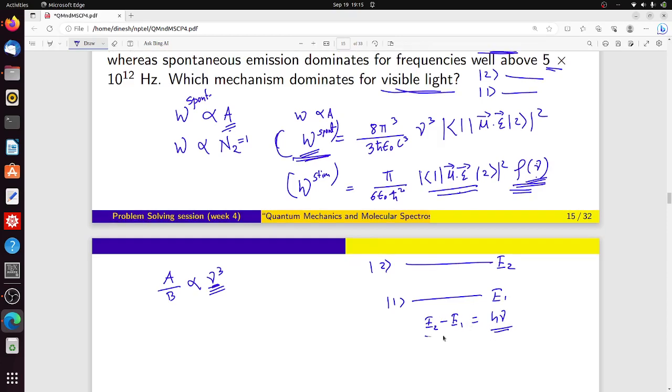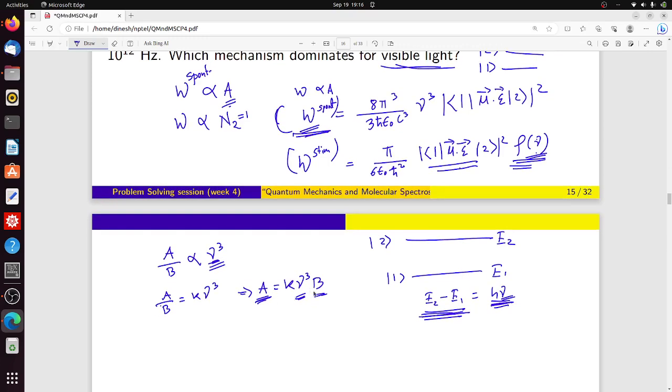So you see this energy gap is equal to this radiation energy. So if nu increases, the gap also increases, right? So from this relation you see, if nu increases, then A will dominate over B, because let's say A by B is equal to some constant times nu cube, then A will be equal to K nu cube B. Then if nu increases, A will be more dominant than B, right? This is pretty straightforward.